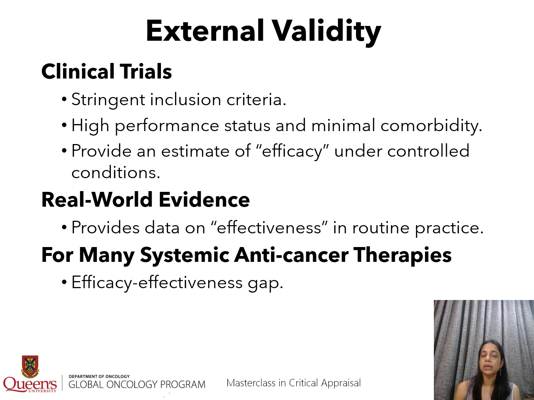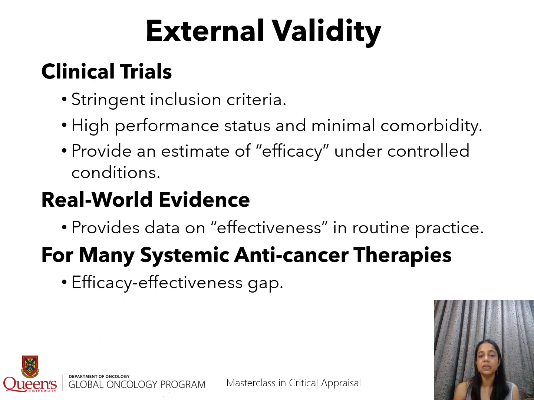Now, clinical trials have very stringent inclusion criteria and typically accrue patients who have a high performance status and minimal comorbidity, and therefore they provide an estimate of efficacy under very controlled conditions. But when the same intervention is applied in the real world, the results are likely to be different.